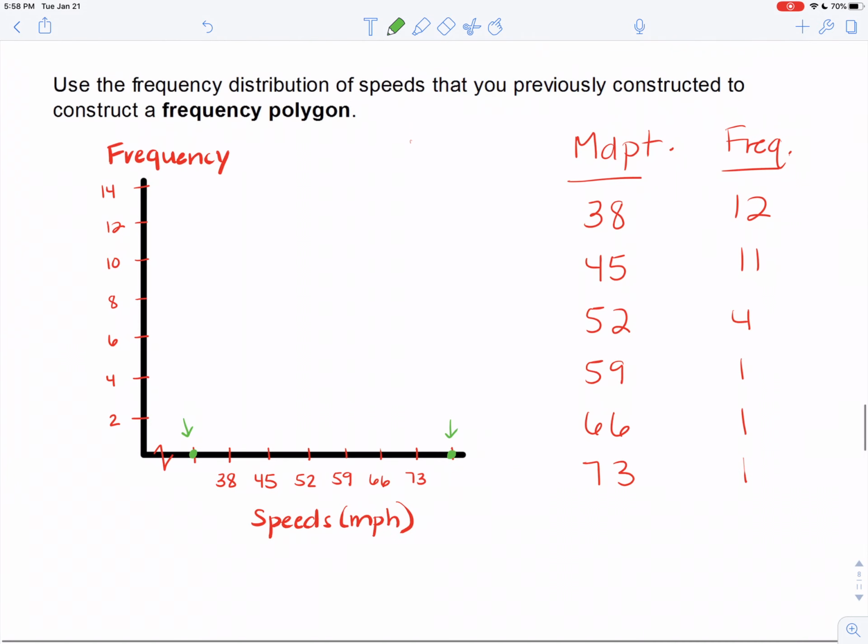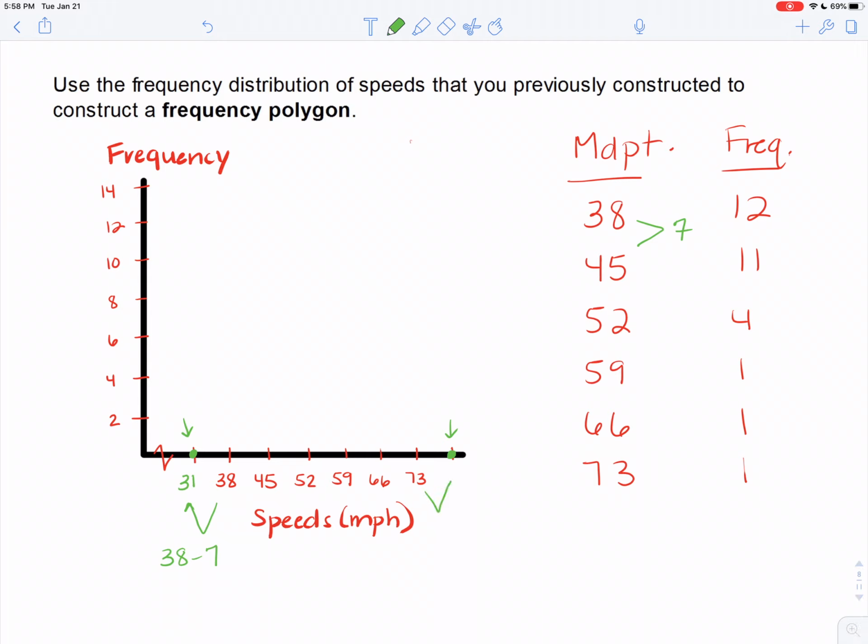Now, in order to do that, what we're going to do is maintain our class width, right, which we know is 7. And so to get our starting point here, all we're going to do is take the first midpoint and move back one class width. All right, that would tell me to start my scale here at 31, which will have no values, frequency 0.